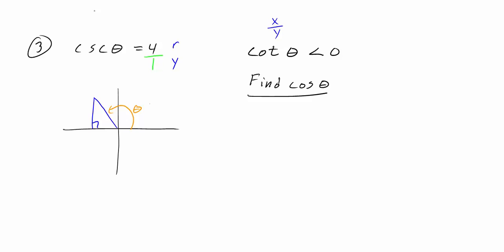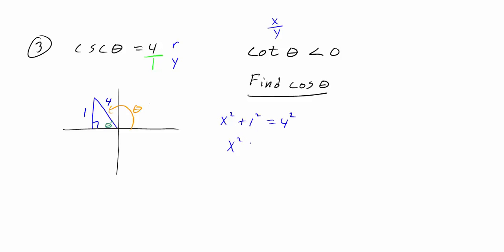And once again, we can really think of this little angle here as kind of our reference. So that means r is 4, y is 1, and once again we have to solve for x. So we would just go to x squared plus 1 squared equals 4 squared.